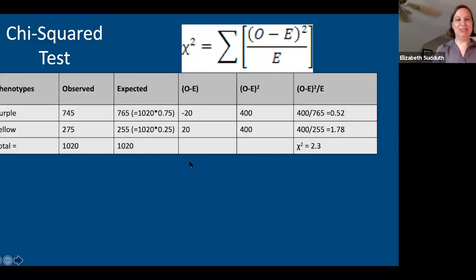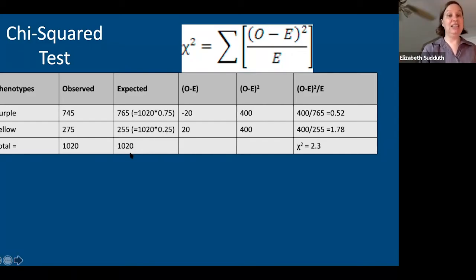I'll walk you through it. Here are our observed data. We saw 745 purple and 275 yellow for a total of 1,020 corn grains. We would expect 1,020 times 0.75, 3/4 of them, to be purple. We would expect 1,020 times 0.25, or 1/4 of them, to be yellow.